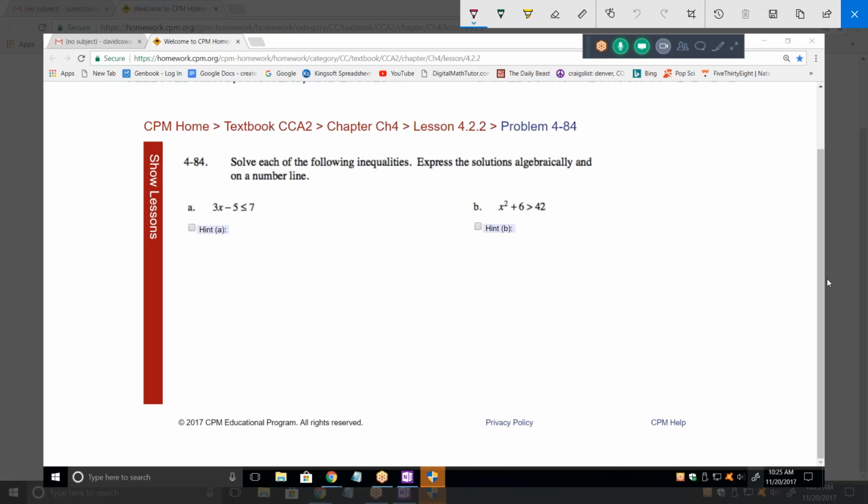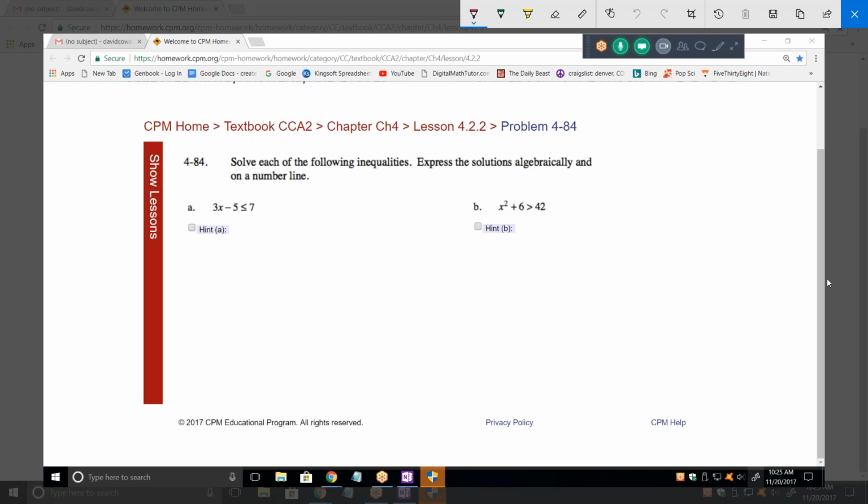All right, so let's express the solution algebraically, meaning solving this inequality. And then let's graph it on a number line, just a one-dimensional number line. So in number A, what's the first step? Actually, just keep reading successive lines to me.